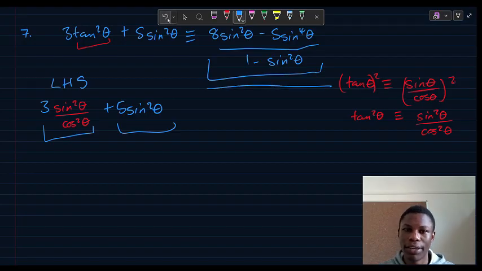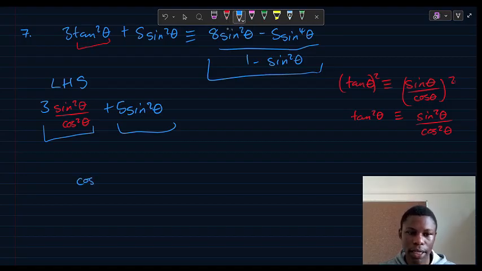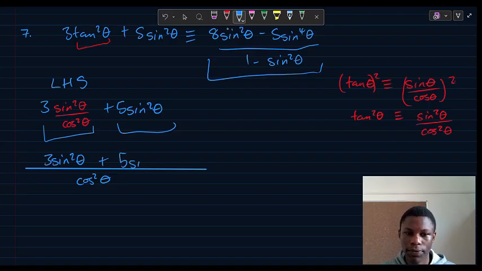So I want to put everything over a common denominator, right? So I can just put everything here over cos squared theta. And so here I've got 3 sine squared theta. And then this becomes 5 sine squared theta multiplied by the denominator, 5 sine squared theta cos squared theta.